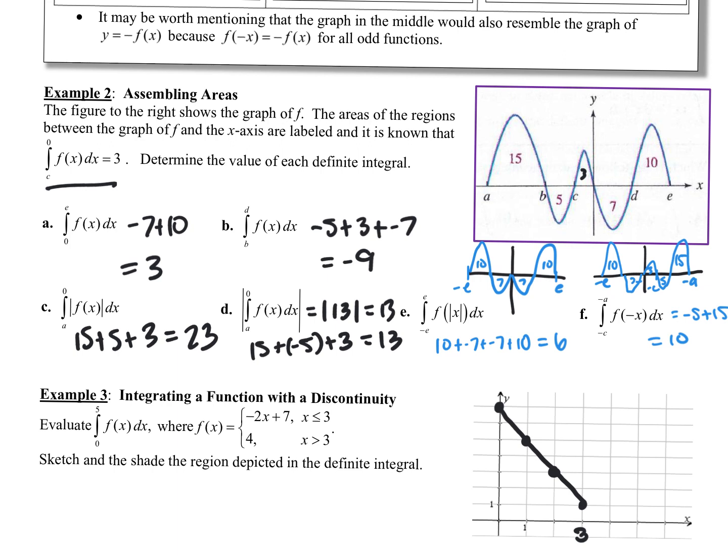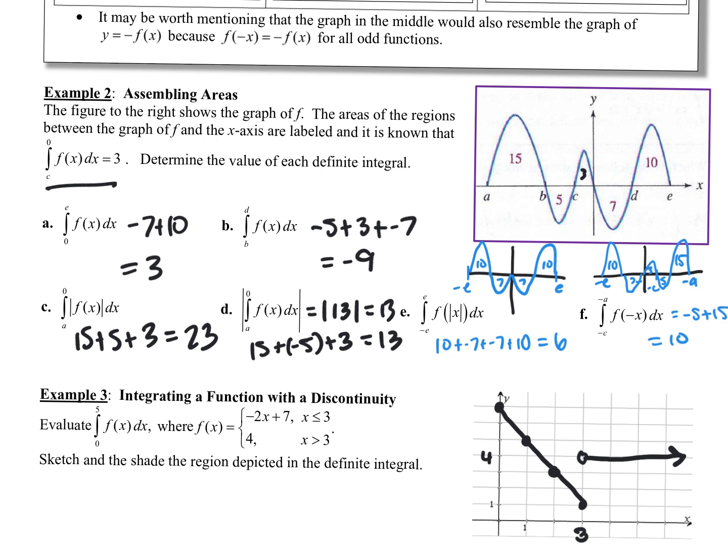And then for x greater than 3, we're up at 4. A straight line. And we want the integral from 0 to 5. So we're going to have to break this up because we want the area starting at 0 and going all the way to 5.